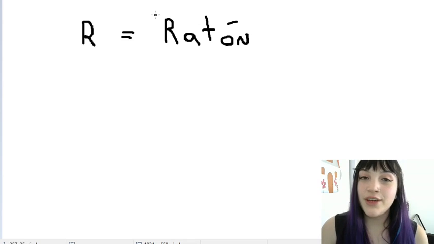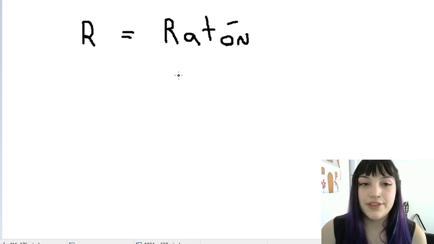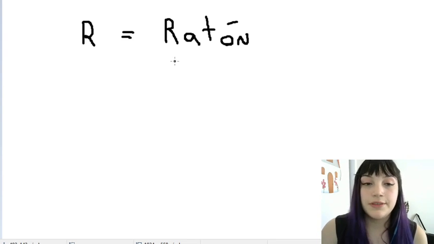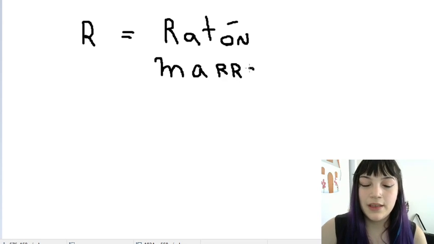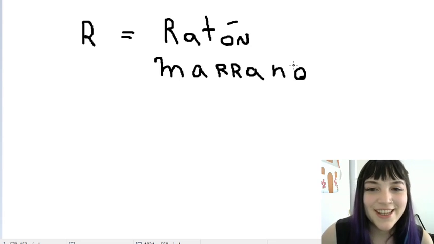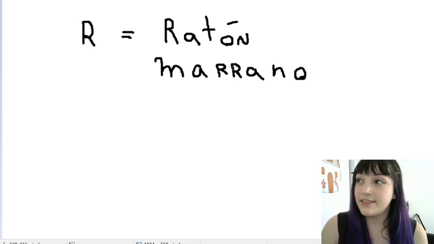Also when it's in the middle and it's double, for example, marrano, which means pig. For some reason, I only can think in animals. Then you have a double R, and it also has that strong R sound.